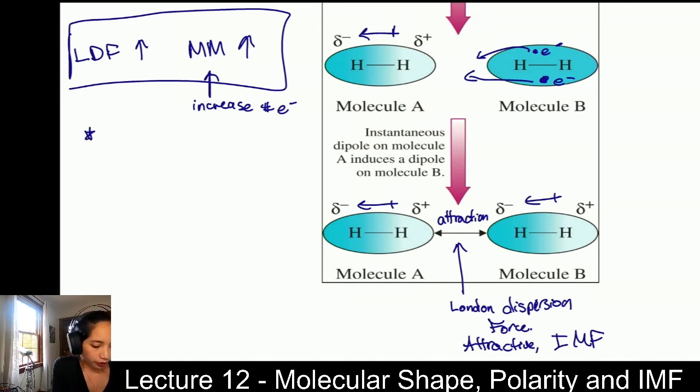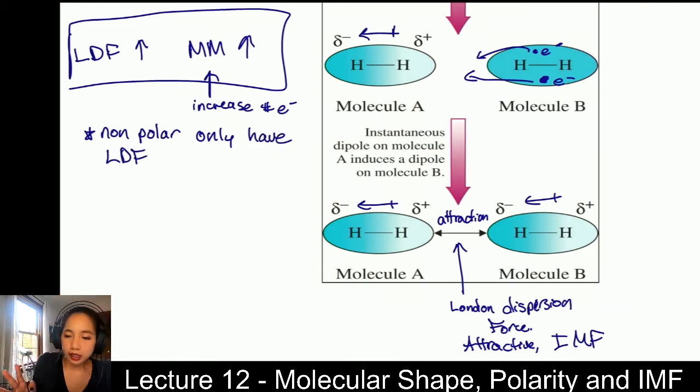And the important thing is that this type of force is very important for, I guess I should say, non-polar substances only have London dispersion forces. So this type of force is very important to understand with non-polar substances.